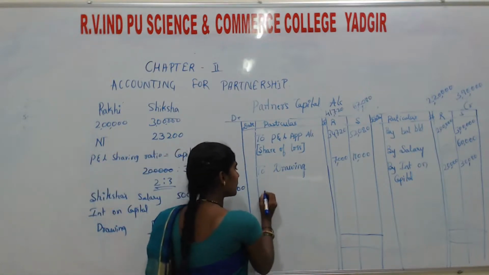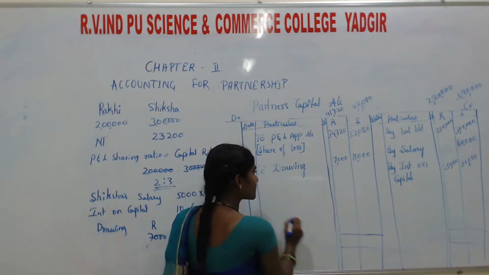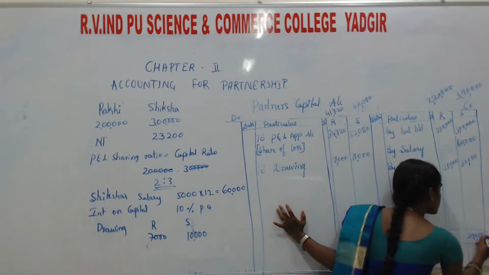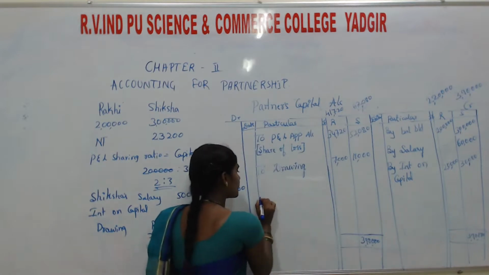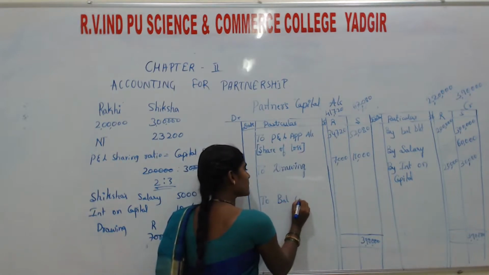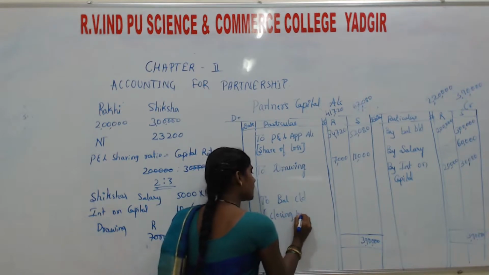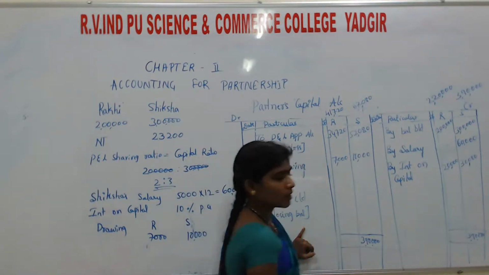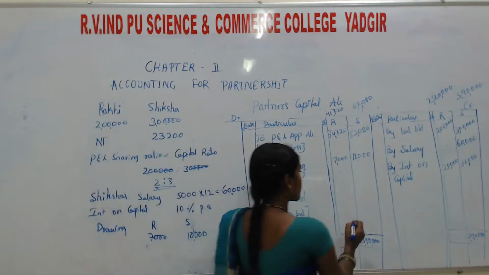So closing balance of Shiksha, partner. So close both sides, 3,90,000 and 3,90,000 of Shiksha's column. So after that, here by balance carried down means closing balance of capital. So how much? 3,27,920.